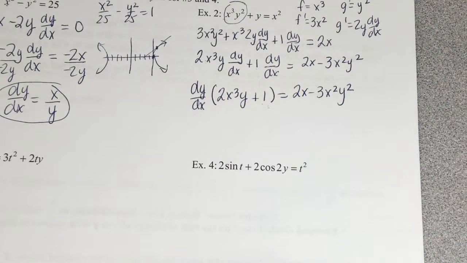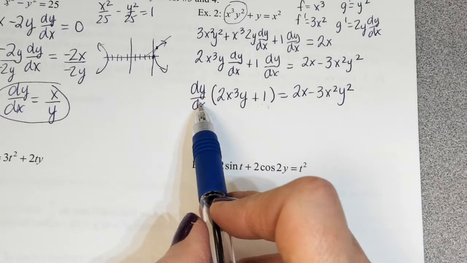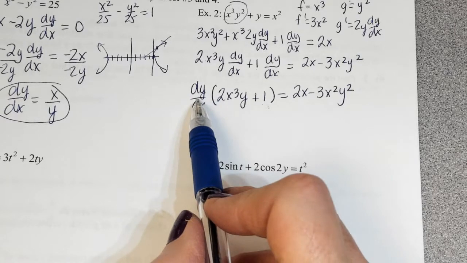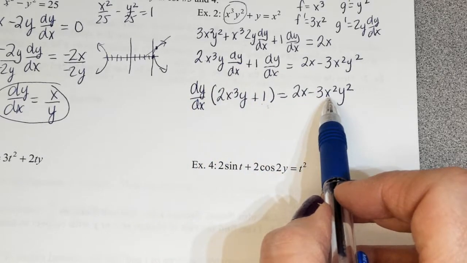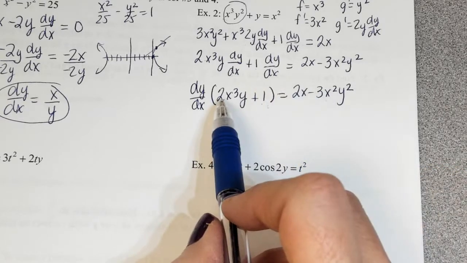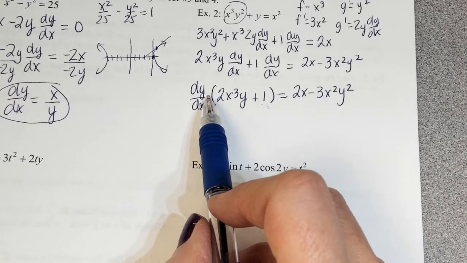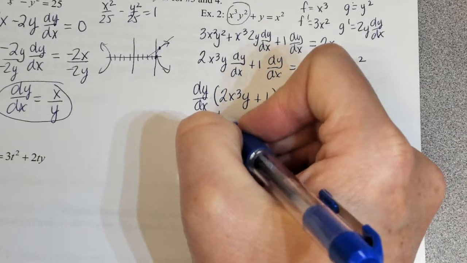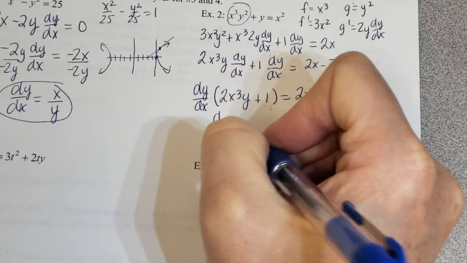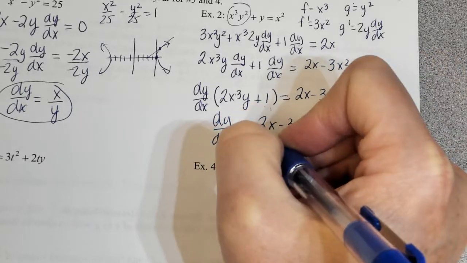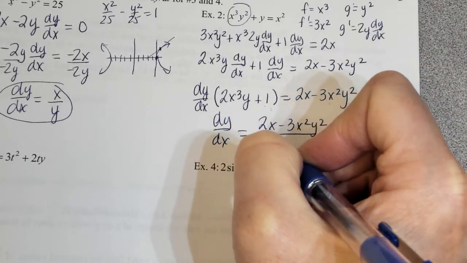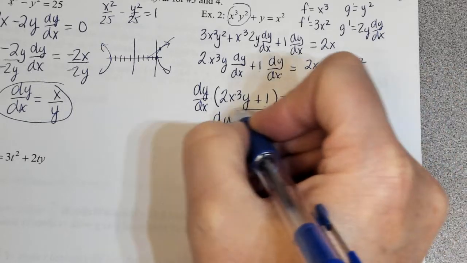Are there any questions at this point? Okay, so now I've got this that I'm trying to solve for. It's dy/dx times that equals right there. So how do I get rid of this if it's multiplication? Divide. So dy/dx then is equal to 2x minus 3x squared y squared over 2x cubed y plus 1.